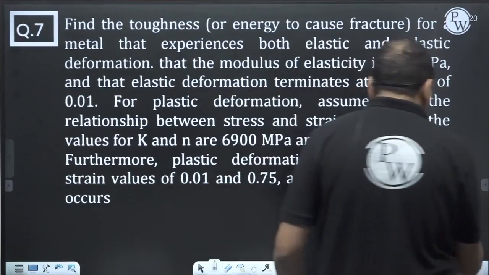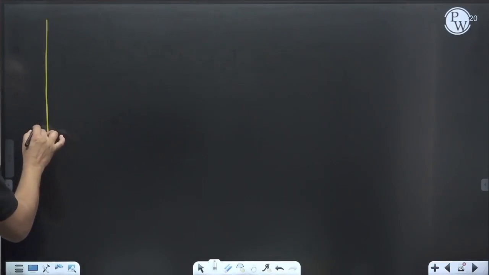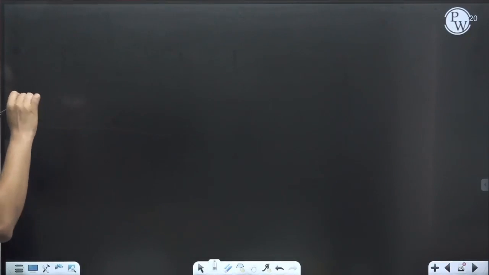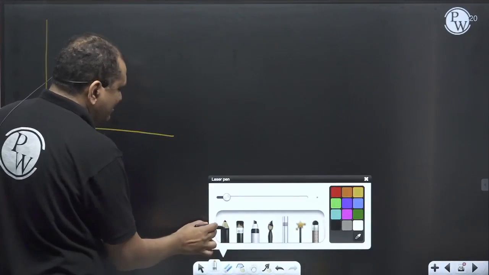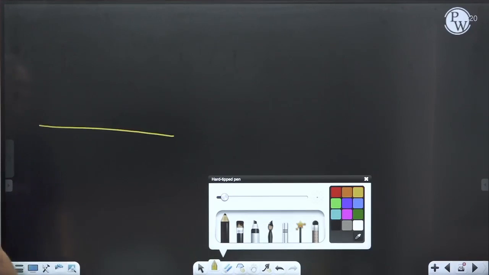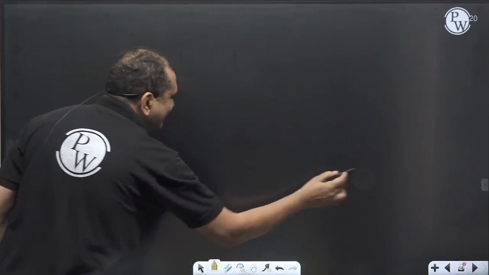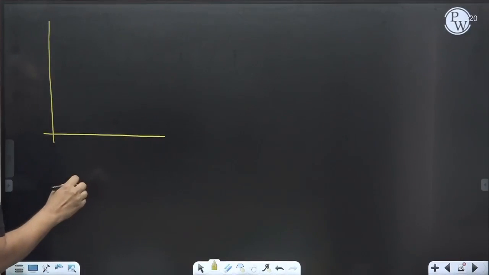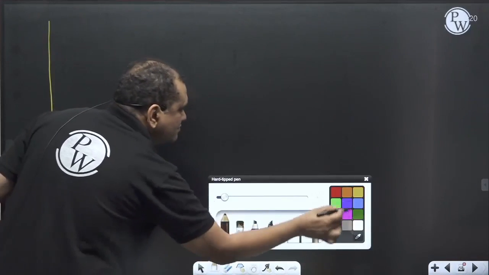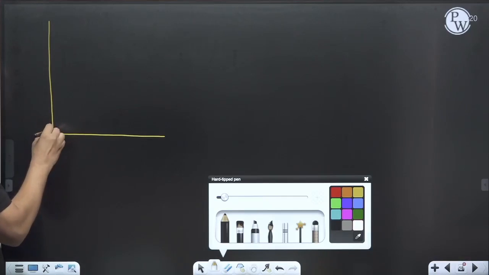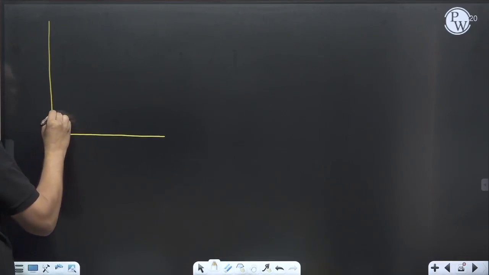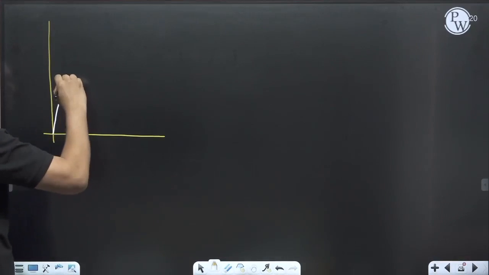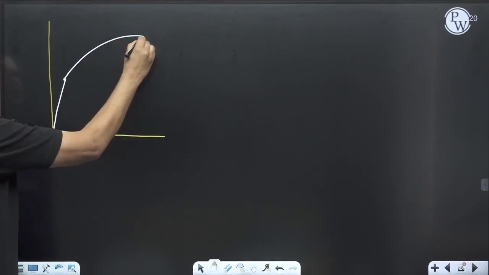So, stress strain diagram. There is an elastic region and there is a work hardening region.